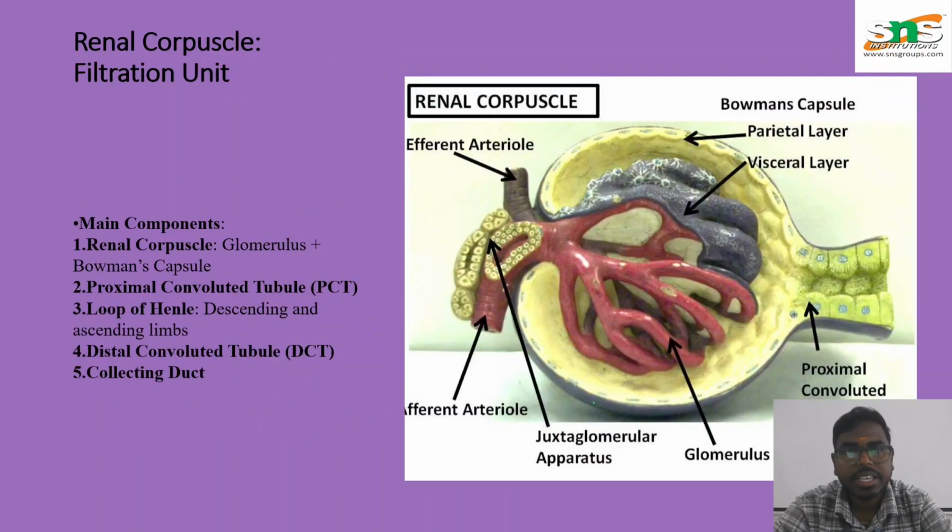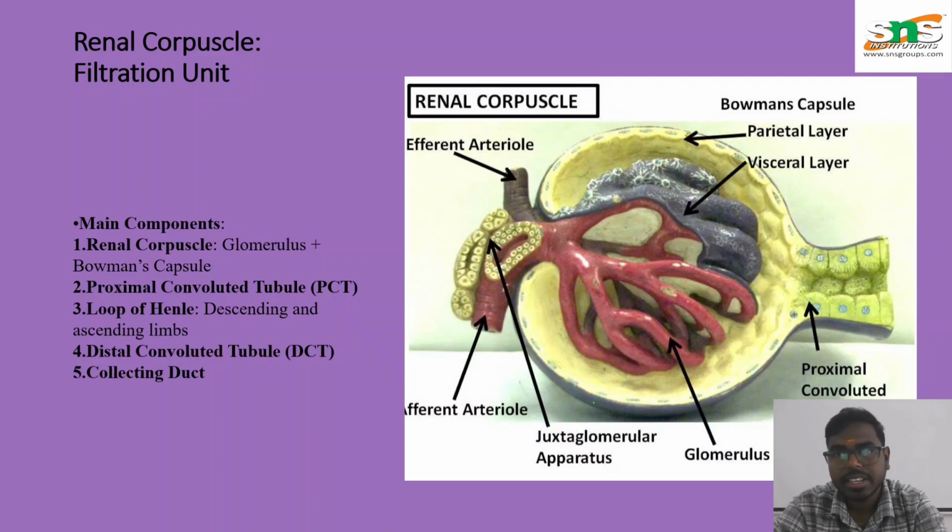Next we're going to see about the renal corpuscle, which is also called the filtration unit. The main components of the renal corpuscle are the glomerulus plus the Bowman's capsule. And then the nephron also consists of the proximal convoluted tubule, loop of Henle, distal convoluted tubule, and finally the collecting duct.